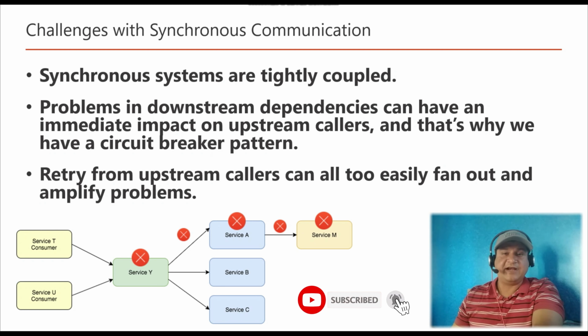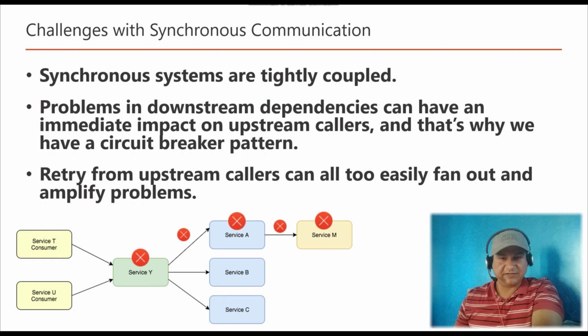Right, friends? In addition to the cascading effect, retry from the caller service to all downstream services would amplify this problem in synchronous communication, right? As the downstream services are already down, retry would create more problems in the microservice architecture. Right, friends?